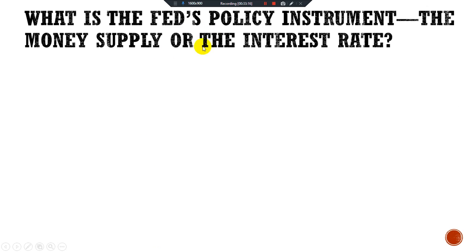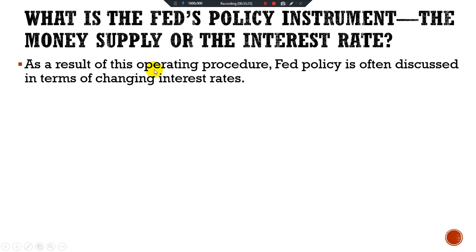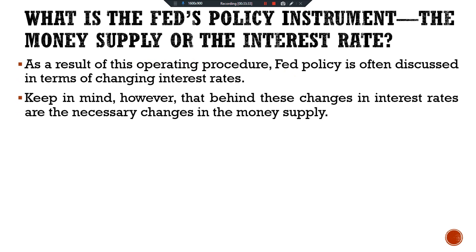As a result of this operating procedure, Fed policy is often discussed in terms of changing interest rates. Keep in mind, however, that behind these changes in interest rates are necessary changes in the money supply.